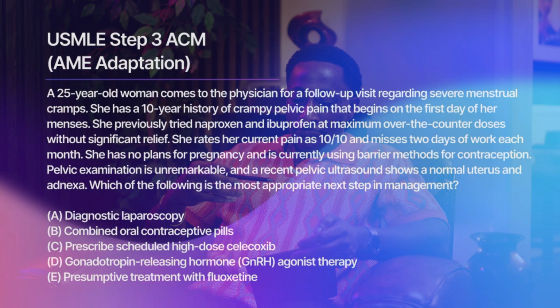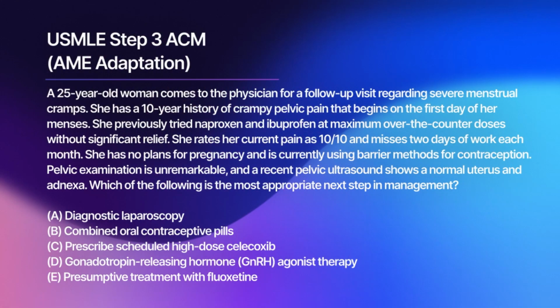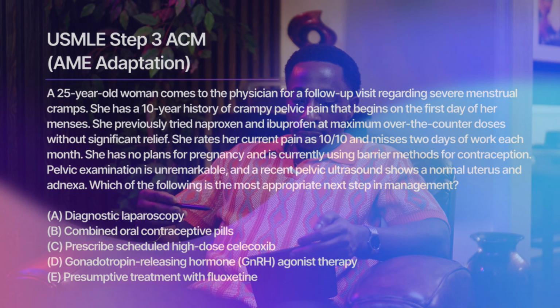But again, the pain is 10 out of 10. This is a chronic situation. We're talking about a 10-year chronicity of this issue. But again, the pelvic exam is unremarkable, and so is the pelvic ultrasound, and then the chronicity in terms of when the crampy pain is beginning.